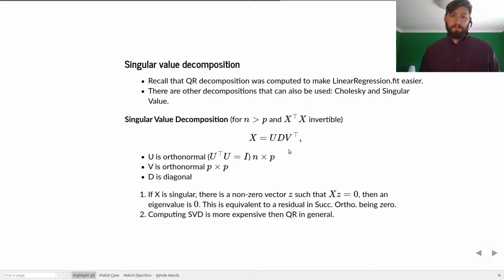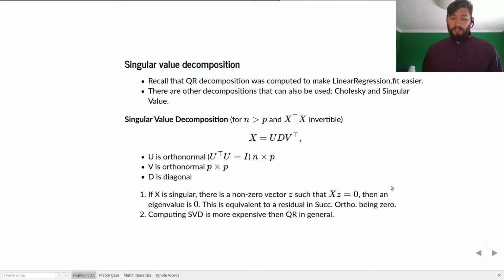Okay, so that's one way we can think about the singular value decomposition. One nice thing is that both U and V in this decomposition are orthogonal, whereas before we had an upper triangular matrix, which was still easy to invert, but not as easy as orthonormal matrices. The downside is that it's generally more expensive to compute the SVD than the QR decomposition.